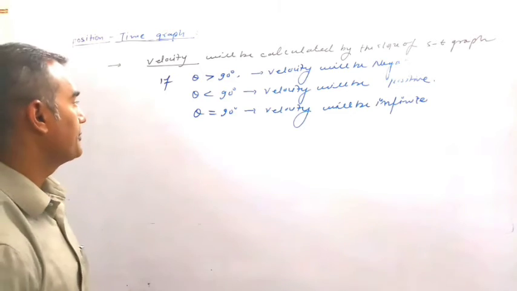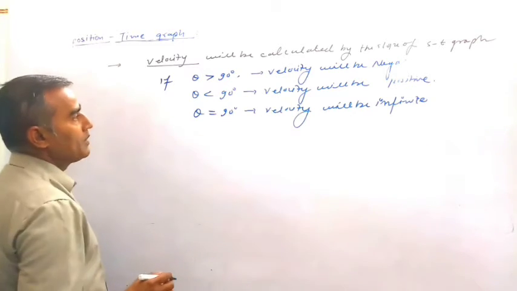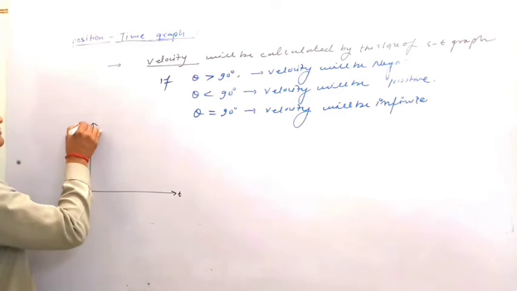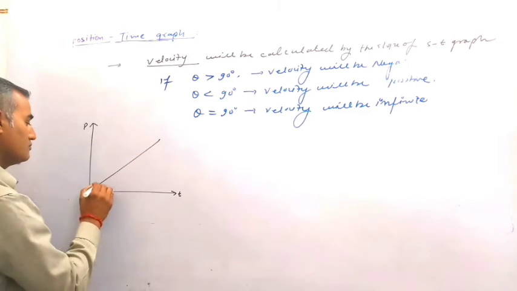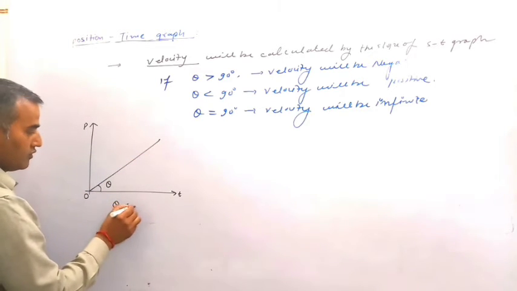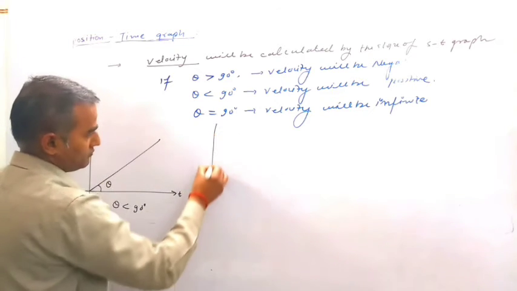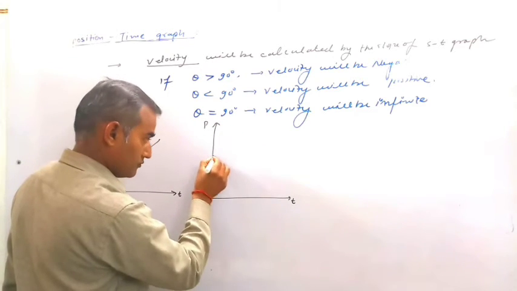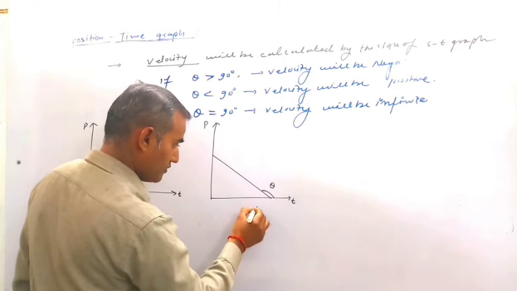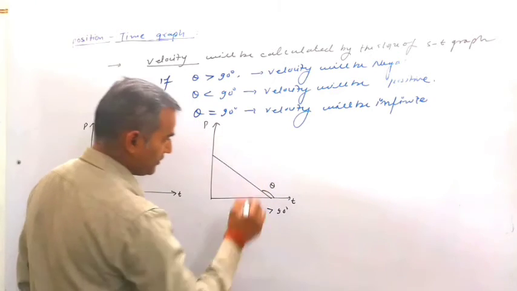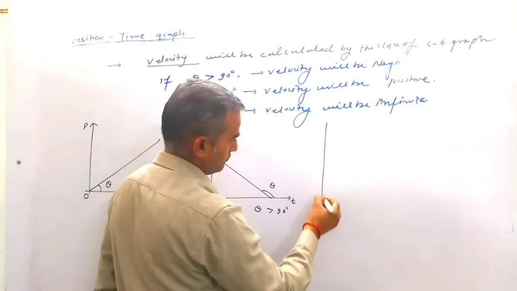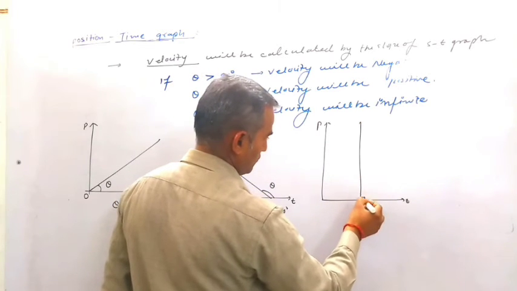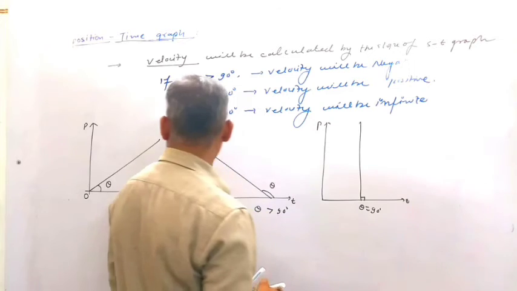There are 3 points, okay? And these points on the graph: theta less than 90, theta greater than 90, third, theta 90.